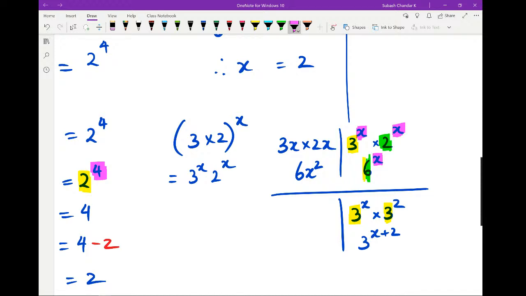Nope, it's not there. Where did it go? Question 1.